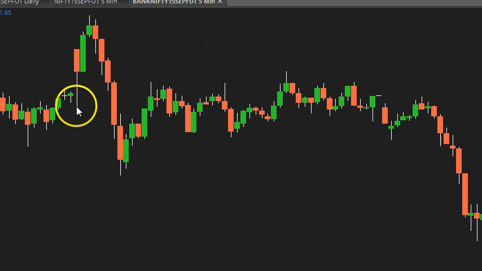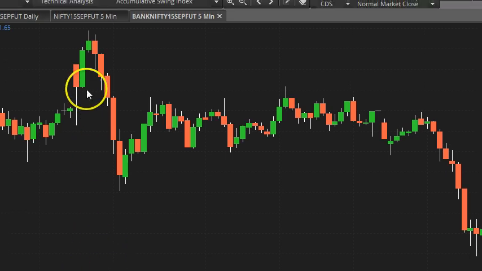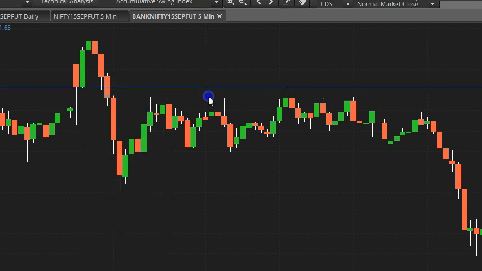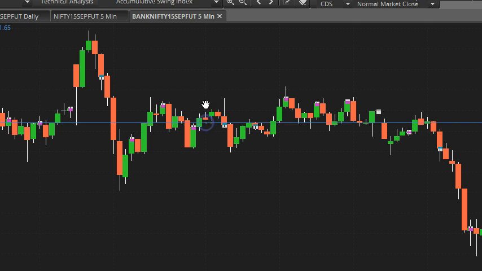This tick is mostly because of the auction price, the opening price. Other than that, if you check the actual spot price and the levels where the first 15-minute range was made, you can see a smaller range. So even if I put it till here, this was the first 15-minute range for Bank Nifty today.